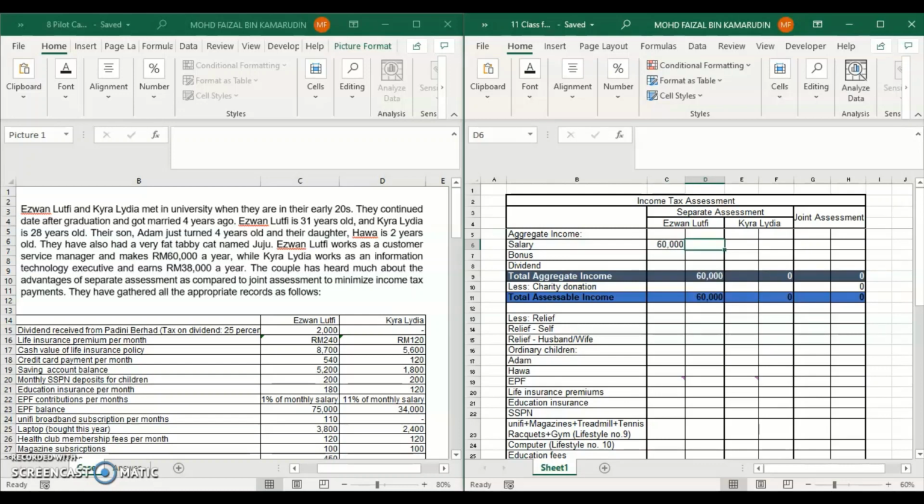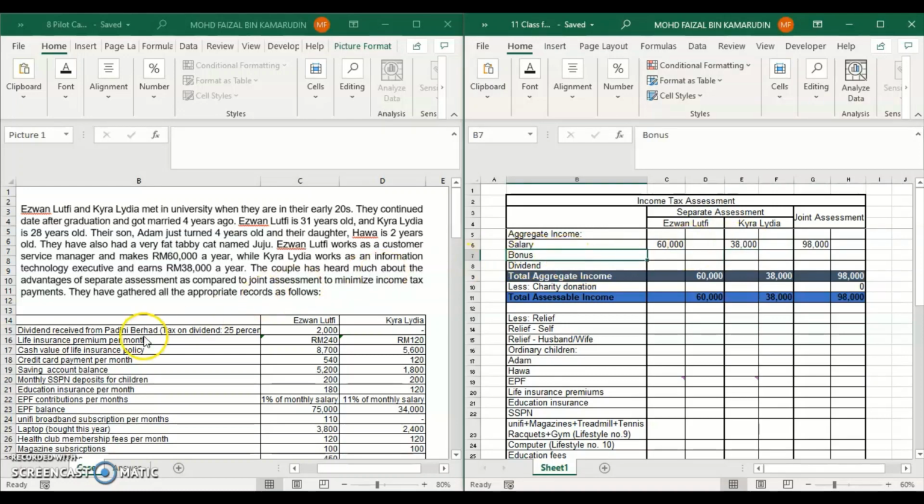One thing that we have to be very careful about when it comes to income tax is that the one we prepare is on an annual basis, never ever monthly. Then Kyra has 38,000, you just put that there. For the joint income, you add these two, S1 and Kyra, then you have 98,000 as their income.